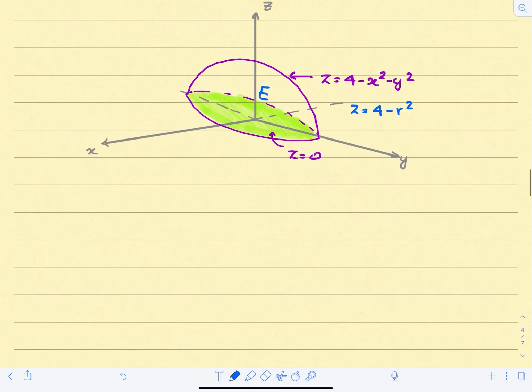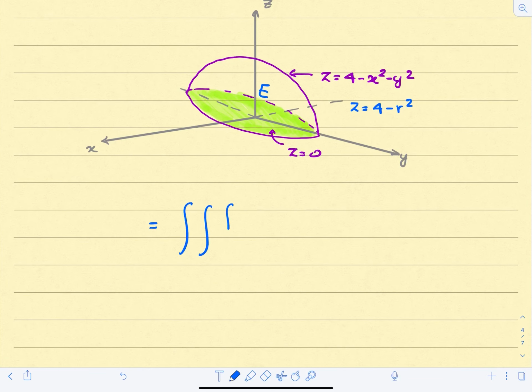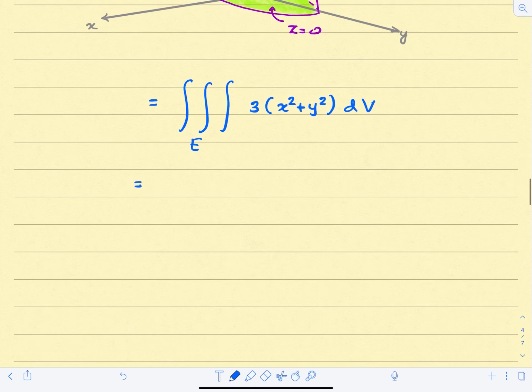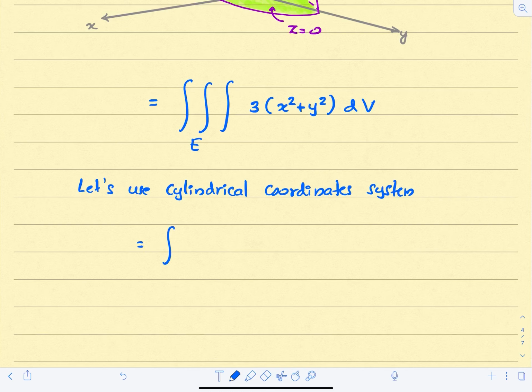So now the right hand side of the triple integral becomes 3 times x squared plus y squared dV over the solid domain E, and this equals, so let's use the cylindrical coordinate system, then our triple integral becomes 3 times r squared.